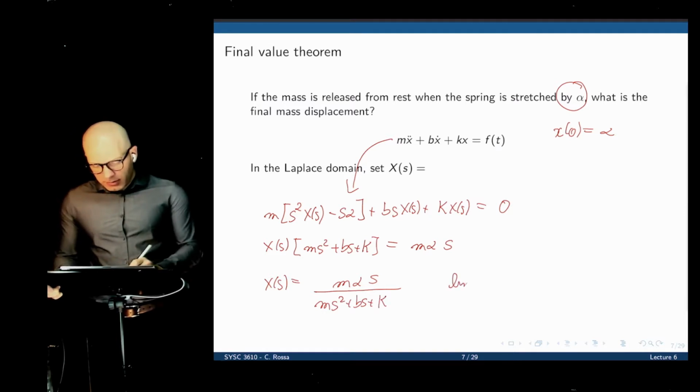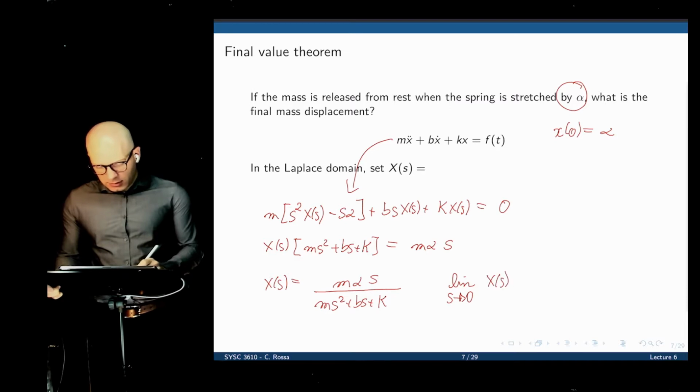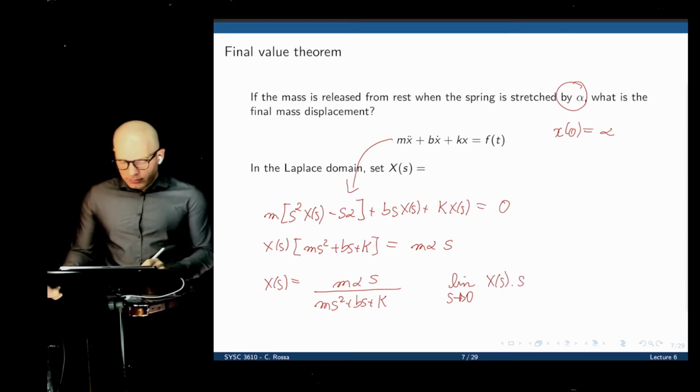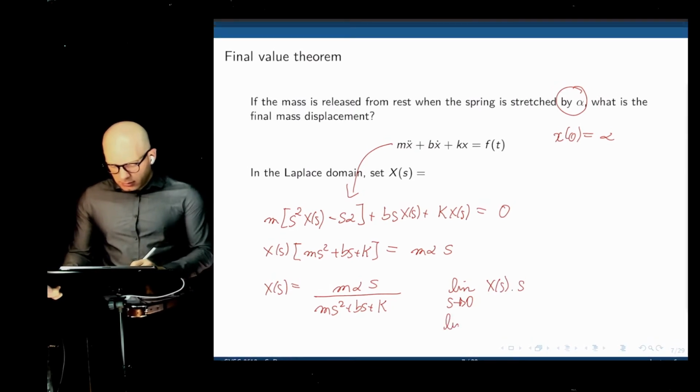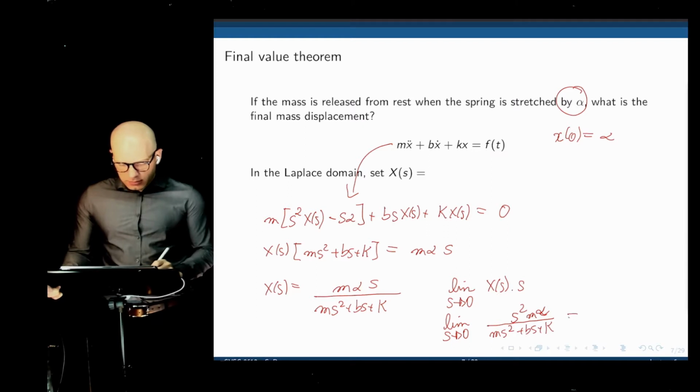We find the limit when s tends to 0 of x of s times s. And this is the limit when s tends to 0 of m alpha s squared divided by m s squared plus b s plus k. And what is the limit here?